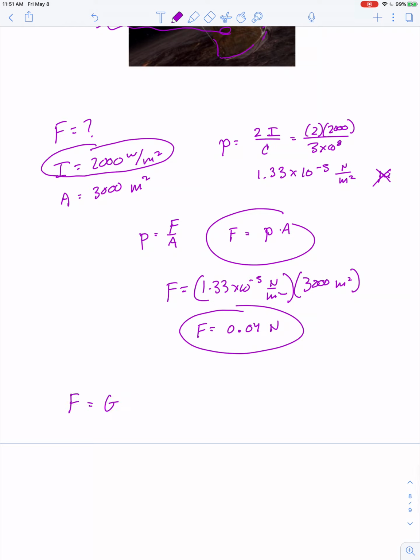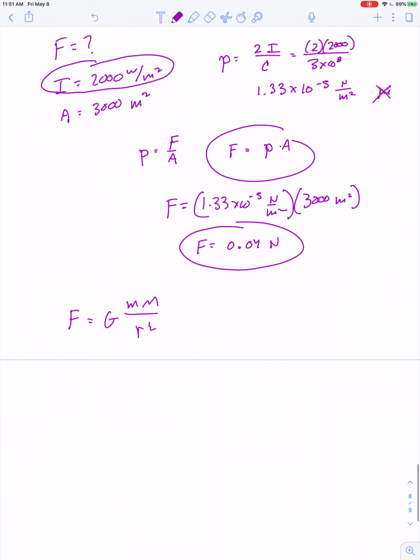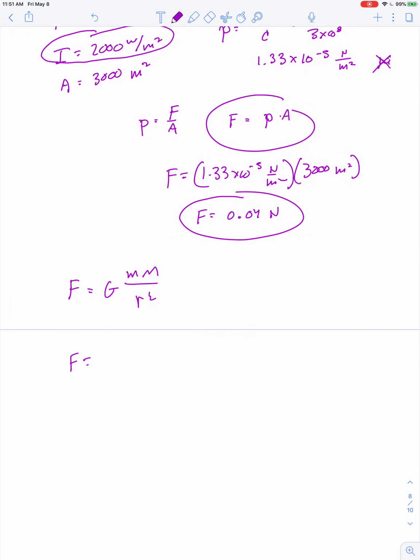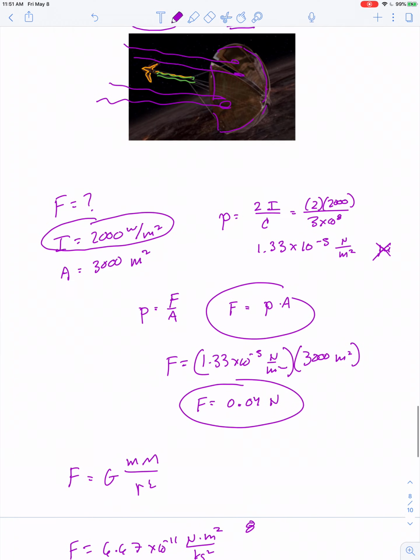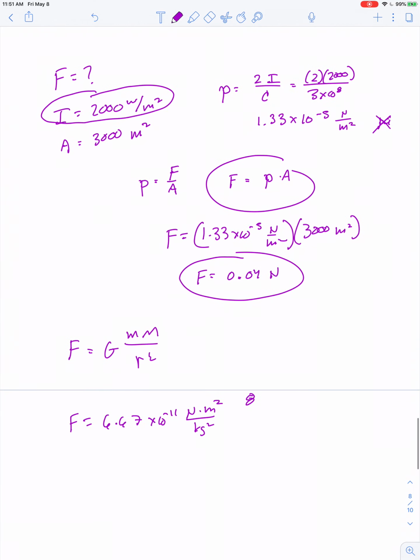Force is equal to the universal gravitational constant times the mass of one object multiplied by the mass of the other divided by the distance between their centers squared. So we have a force of 6.67 times 10 to the negative 11th newton meter squared per kilogram squared multiplied by 800 kilograms for the mass of the spacecraft.